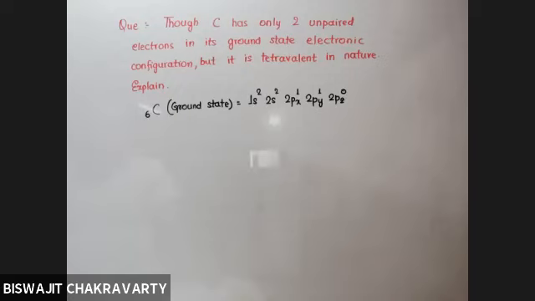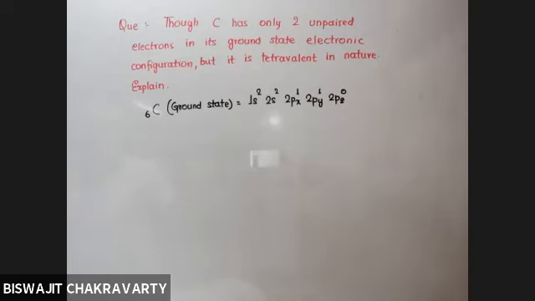Yes, 4. So this can be explained on the basis of the theory of excitation. Now, what is the meaning of the theory of excitation? It means that elements like carbon, beryllium, and boron do not combine with other atoms in their ground state.